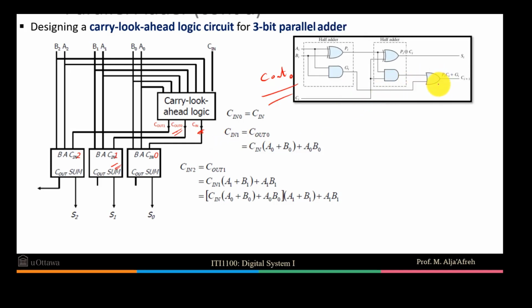The carry out 0 will be equal to this expression: the previous carry, which is Cn, plus what we calculated here, which is A0 OR B0, and A0 AND B0 added together.